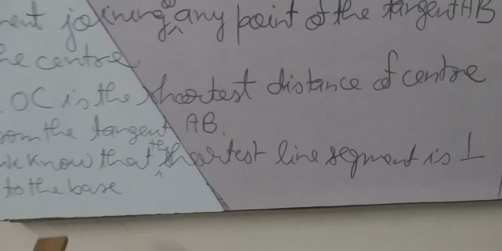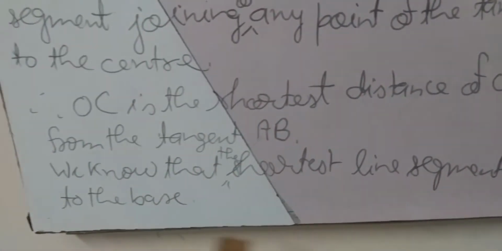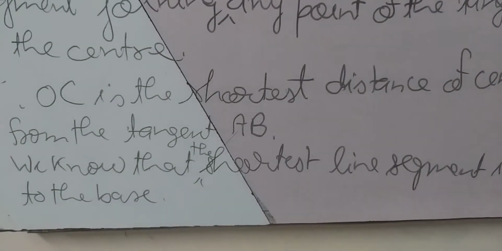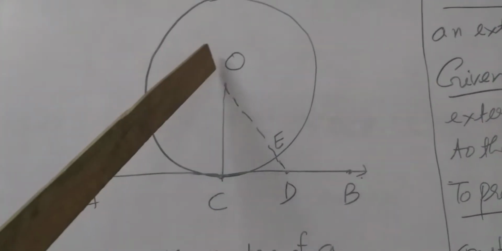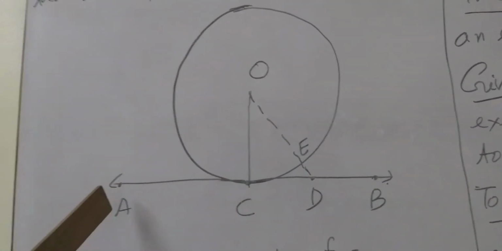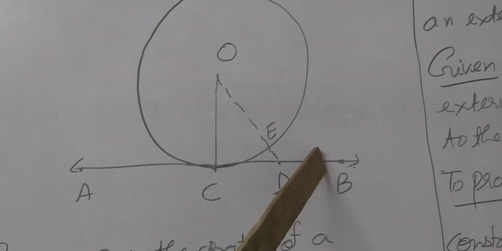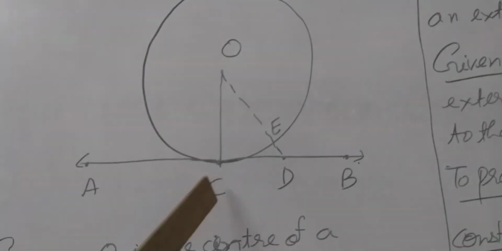And we know that the shortest line segment is perpendicular to the base. Students, this is the shortest line segment drawn from the center to the tangent. If we draw any other line segment, then all the line segments are bigger than OC.